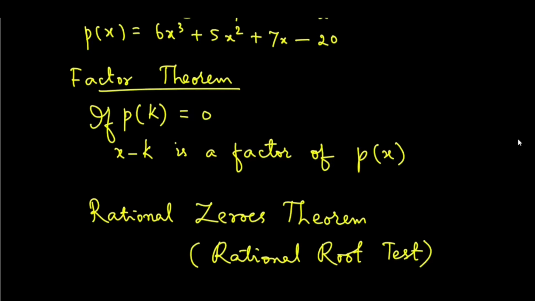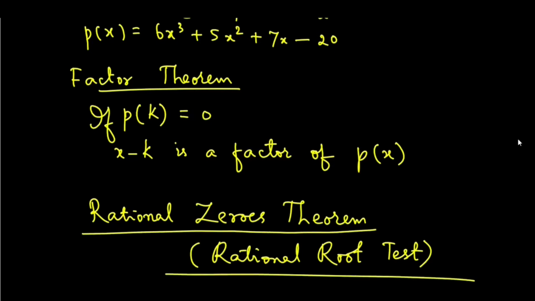Using this rational zeros theorem, we can test for only some possible rational zeros and confirm whether there are any rational zeros or not. How do we apply this rational zeros theorem?